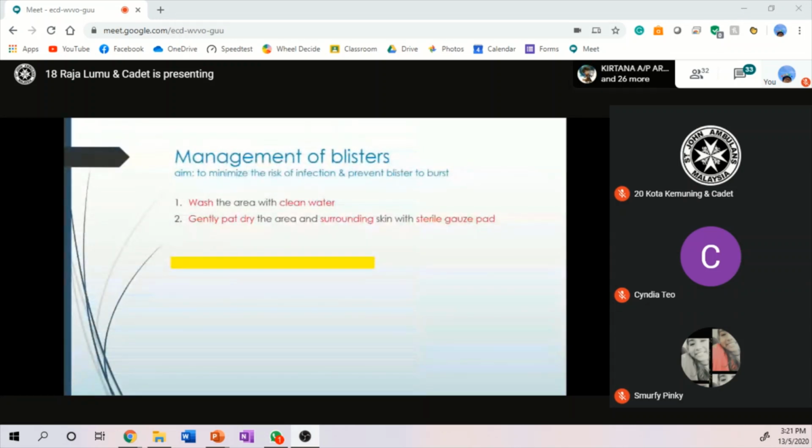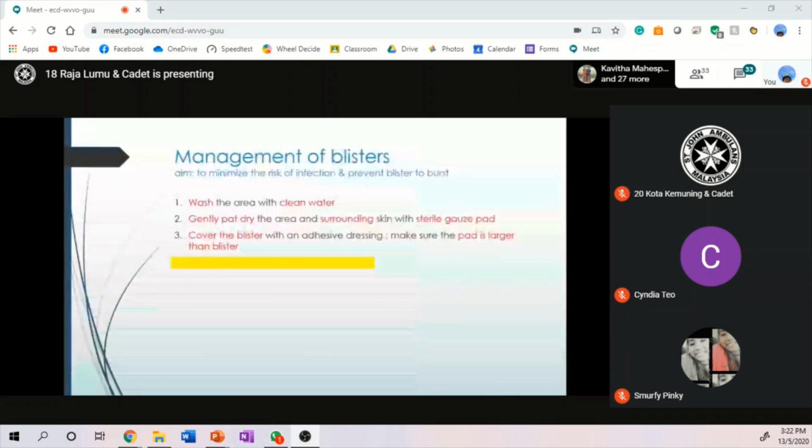The last step. Last is to cover the blister with an adhesive dressing and make sure the pad is larger than the blister. Or else later there may be a hole here or there, so you have to fully cover the blister.